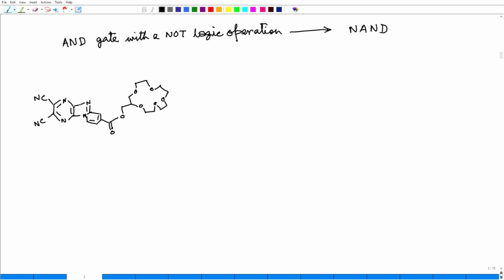Okay, let us see the NAND truth table, let me first write the NAND truth table, 2 input, input 1, input 2 and output.